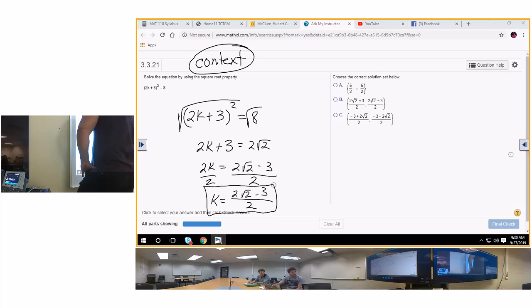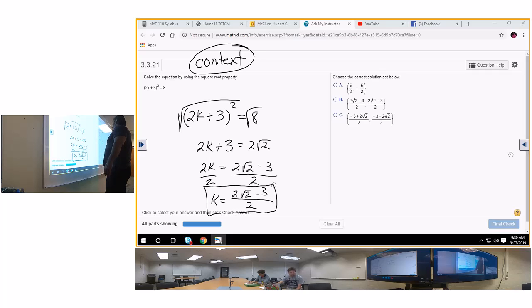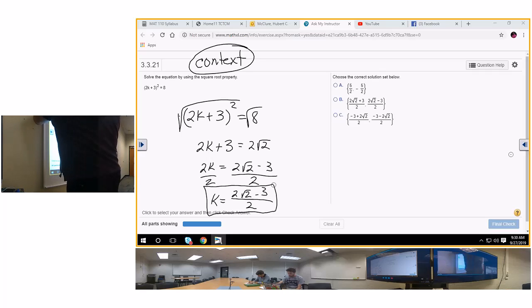So which one is that? It's going to be positive and negative. There it is. They're doing it right here. Positive and negative. I wouldn't do it like that, but that's the way they're doing it. No, it's this one. Okay, now they're trying to confuse you. Whenever you take the square root of something, what is it?